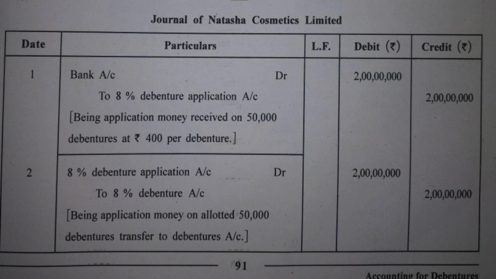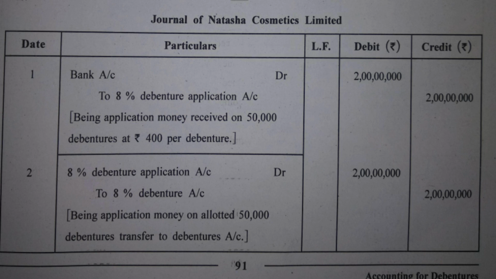Issued at par, that is issued at face value, redeemable at premium. It is this situation. Of course, the journal entry for this also we have understood. All the journal entries we have understood in advance according to different situations, and all those journal entries we are applying here practically.